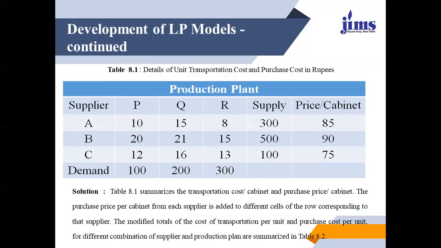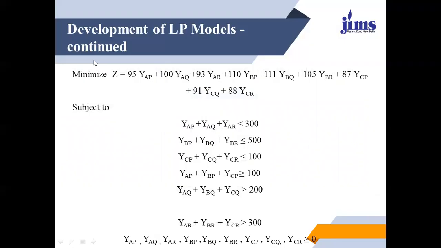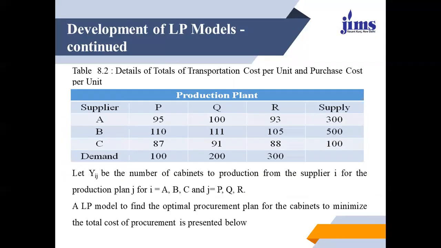So we have to formulate this problem as a linear programming model. So what we assume is that a quantity is supplied from supplier A to production plant P. In other words, we can also write from A to P a quantity y is supplied, denoted by YAP.